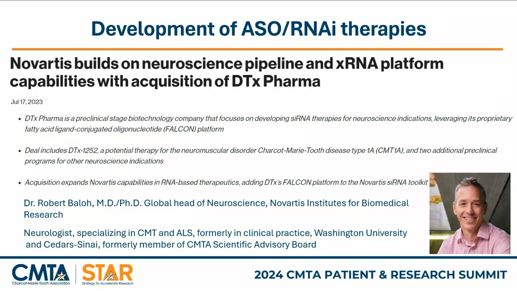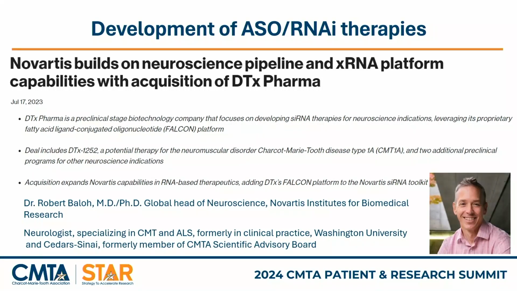I want to delve a little bit more into the ASO RNAi approach, because what's really caught many of our attention is an approach that was originally developed by a company known as DTx Pharma. But then this was acquired by Novartis, and this was really a major landmark in our CMT studies, where major pharma really adopted an approach to try to attack CMT1A.